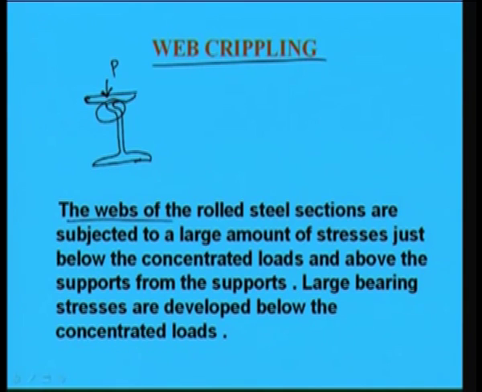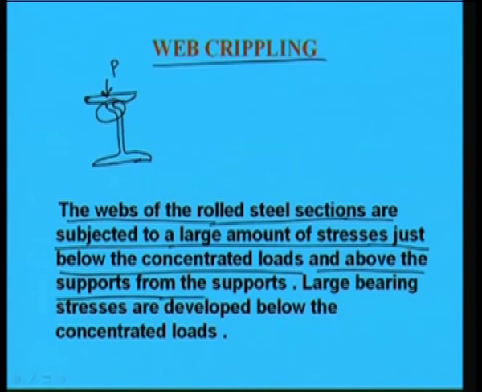The webs of the rolled steel sections are subjected to a large amount of stresses just below the concentrated loads and above the supports. Large bearing stresses are developed below the concentrated loads. So, because of the large bearing stresses developed at the support and below the concentrated load, chances of web crippling will be there.